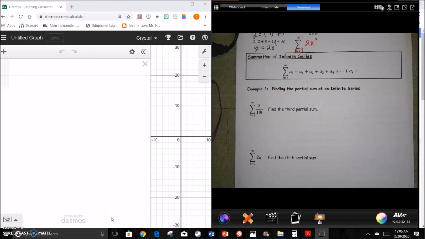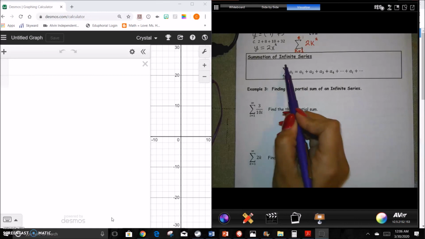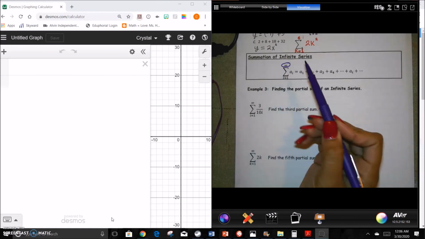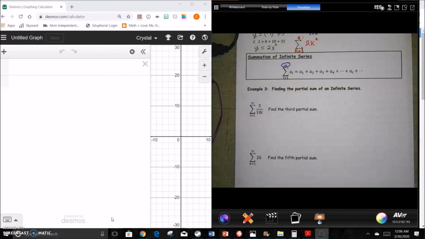Summation of infinite series. So the last few examples we talked about finite series, and now we're looking at infinite series. The biggest difference between finite and infinite is your upper limit. The upper limit on infinite series you will see is infinity. That's why it's called infinite, because infinite continues on and on forever, whereas finite is a specific set of data.